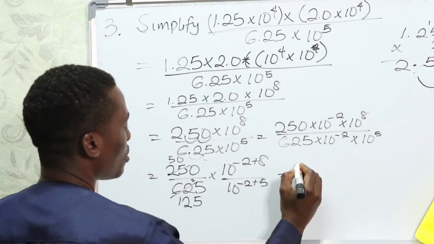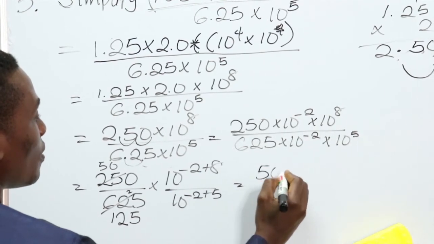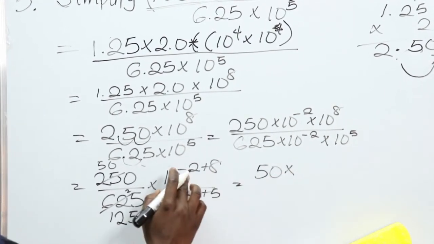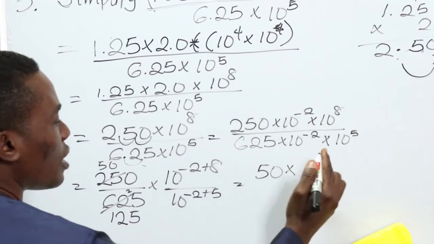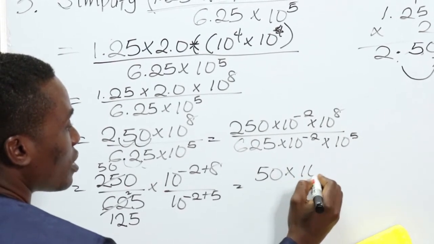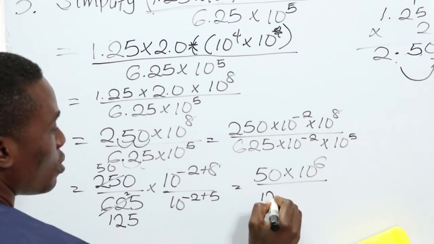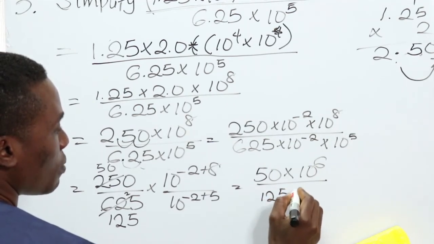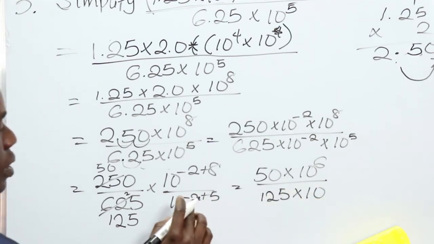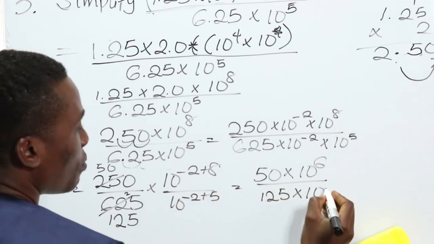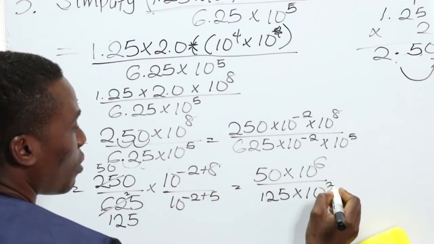So this will give us 50 multiplied by 10 raised to the power minus 2 plus 8, that will give you a plus 6, divided by 10 raised to the power minus 2 plus 5, which will give us a plus 3.